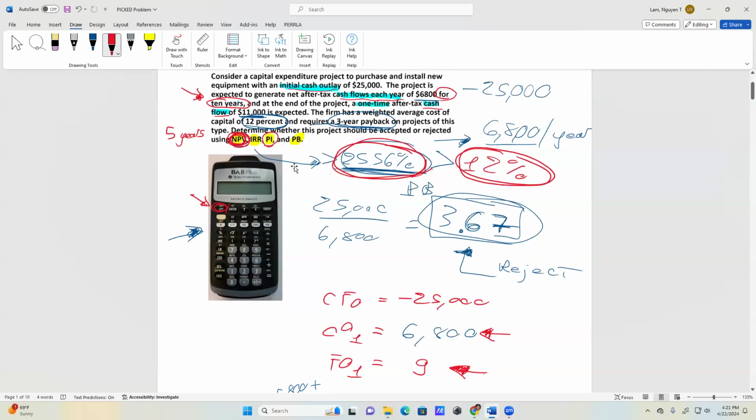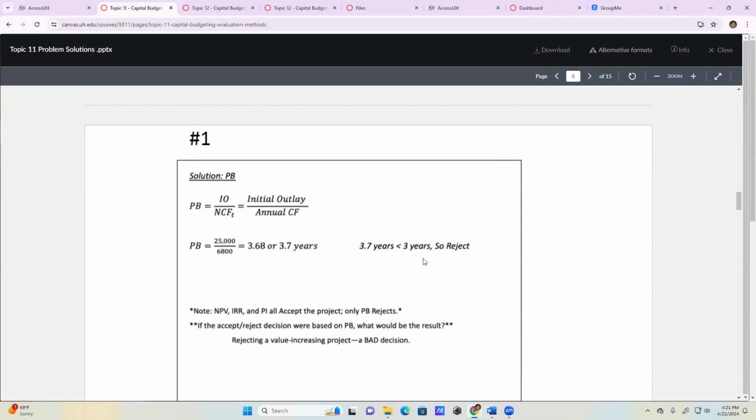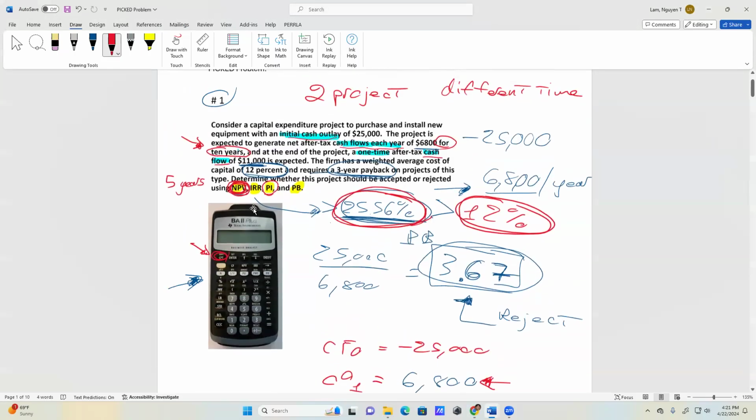Lastly, when you look at the payback, like I said, it takes longer to pay back, so you're going to reject the project if you're solely looking at the payback, right? However, the best thing to look at if you have all four, NPV, IRR, PI, PB, is the NPV. The one that has the higher NPV is the better project to take.